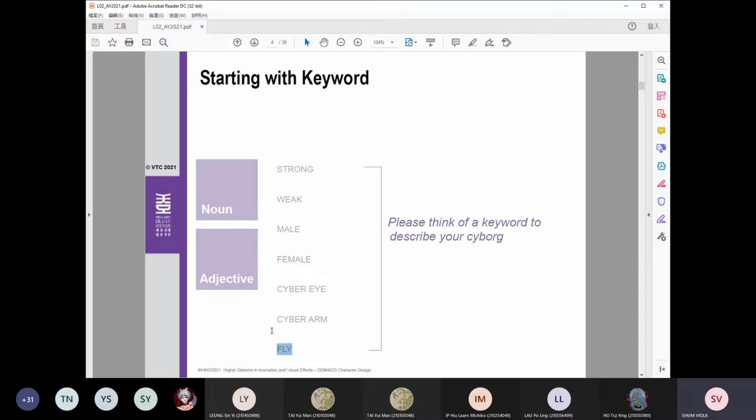So you can start with some adjective, or you can also think of some things about your character.